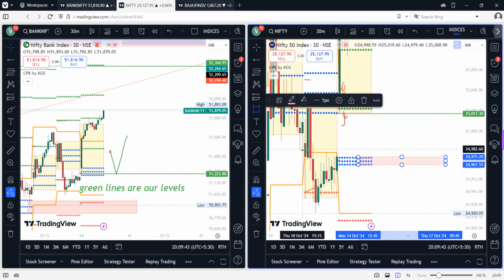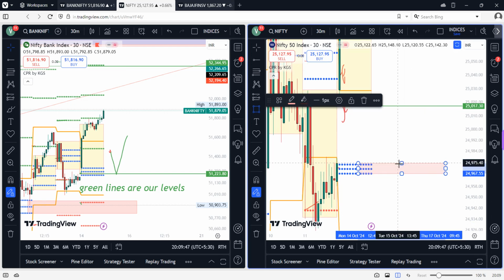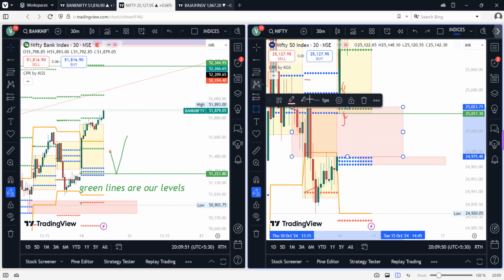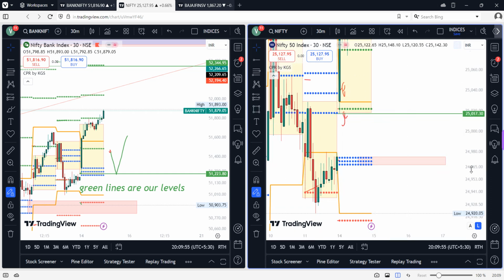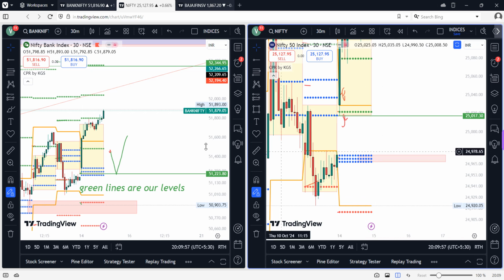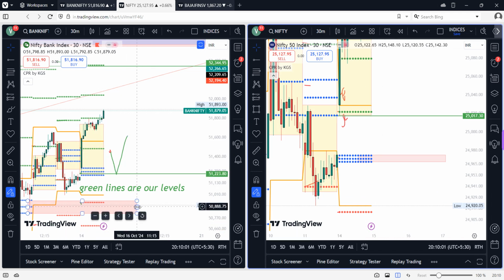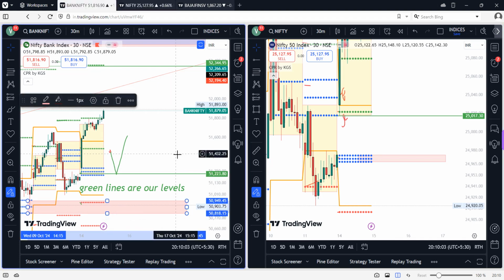I am giving this color to understand that in the live market, this is the virgin CPR. If the price is inside the candle, we don't treat it as virgin CPR.